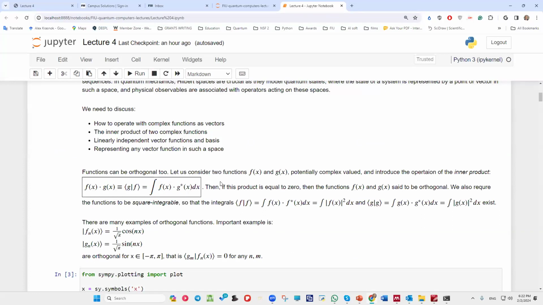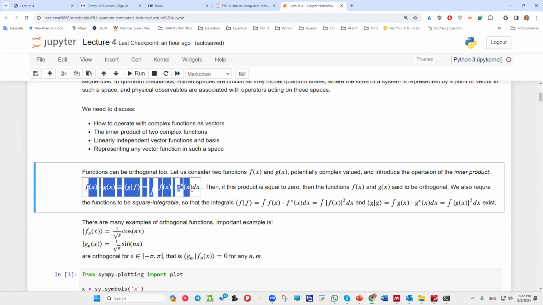All right. So if no, let me quickly summarize what we've discussed so far. The key things, right? The first thing I want you to understand very well is that we can work with functions as with vectors by introducing function vector spaces and the inner product between two functions defined in this boxed formula here.